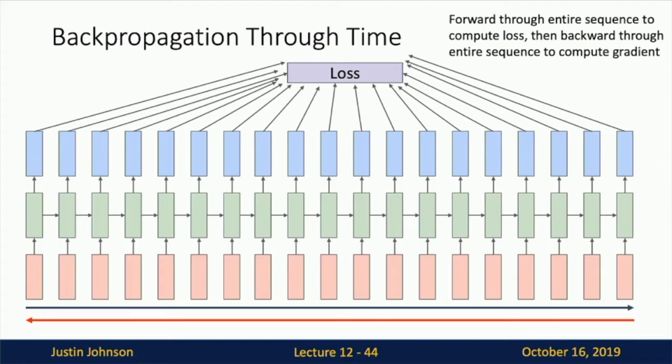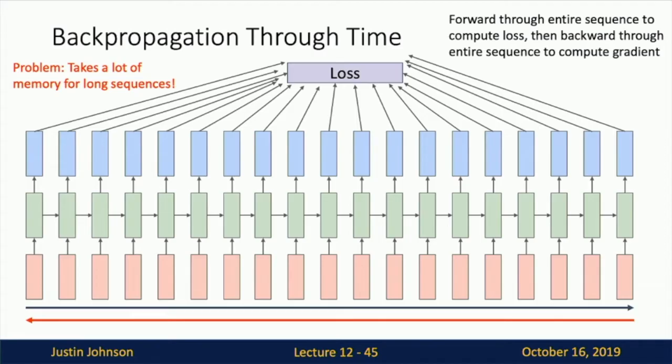This is sometimes given a fancy name, backpropagation through time, because during the forward pass we're stepping forward through time through our sequence, and then during the backward pass we're backpropagating backwards in time through the sequence that we had unrolled during the forward pass. But one problem with this algorithm is that if we want to train on very, very long sequences, this is going to take an enormous amount of memory.